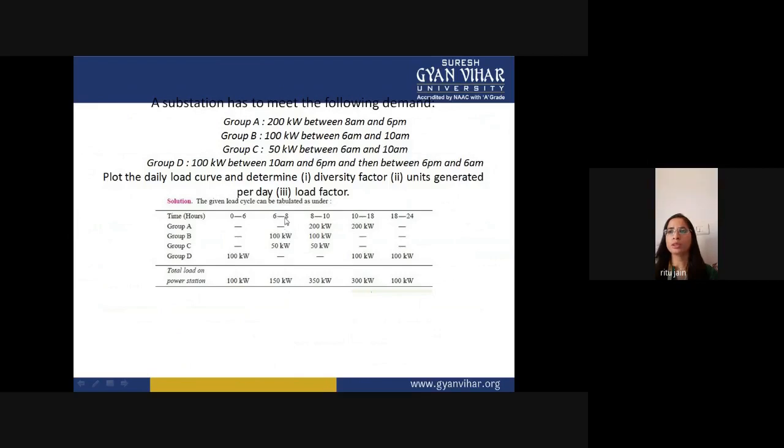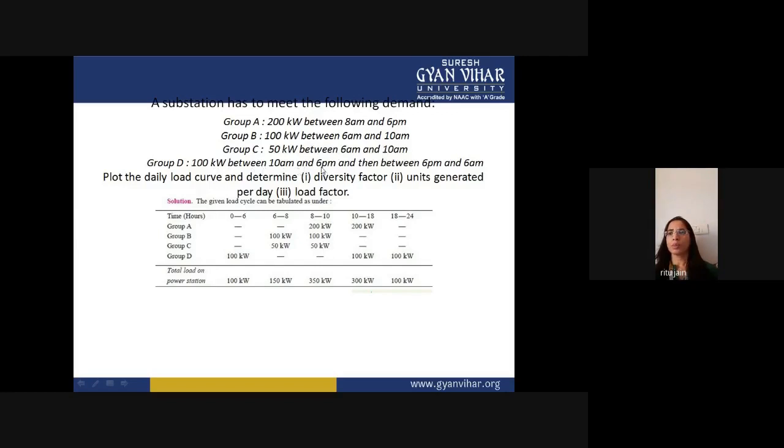Then morning 6 to 8, you can check that group B, 100 kilowatt load is required, and 6 a.m. to 10 a.m., 50 kilowatt is required. After that, 8 to 10, you required 100 kilowatt, and you required 50 kilowatt.